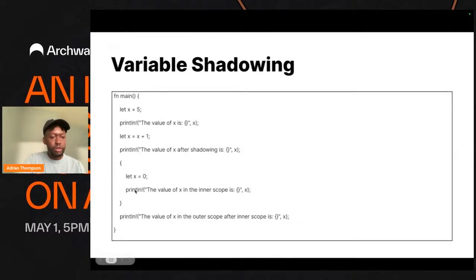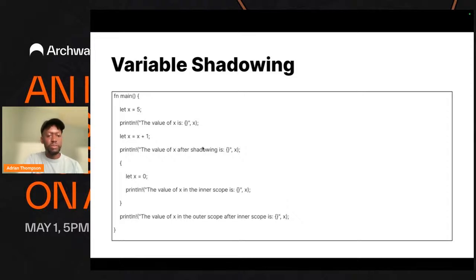Yeah. So the lifetime of this shadow of x ends here, and therefore the value printed would be the last shadow created, which is x plus 1, which is 6. So this initial creation of x, or assignment of x, is no longer being used, and at the end of this, all these variables will die.